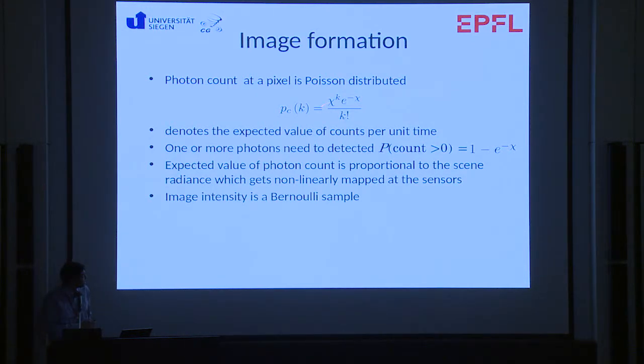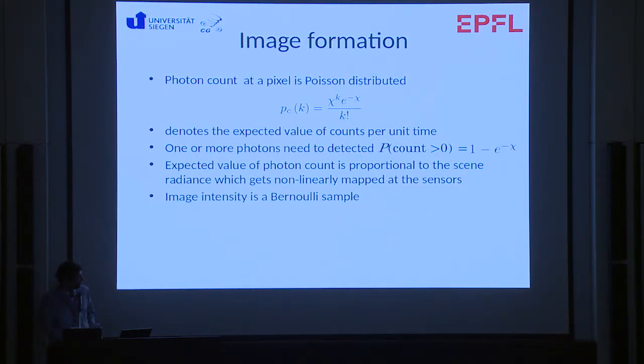And from this distribution, we can arrive at the probability of getting a 1 at a pixel. Like in the SPAD sensors, we get a reading 1 if at least 1 photon is detected. So we just have to plug in k varying from 1 to infinity, and we get this formula. And chi is proportional to the scene radiance and many other factors such as photon detection efficiency and the dark count.